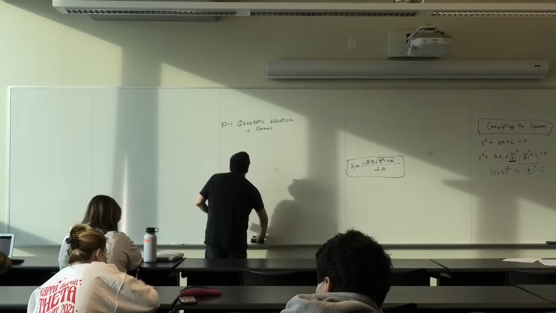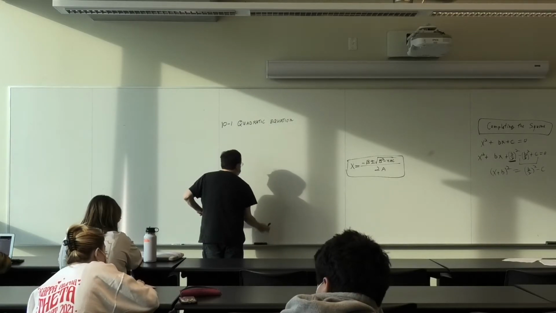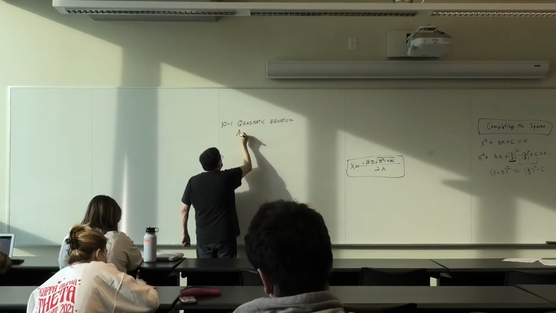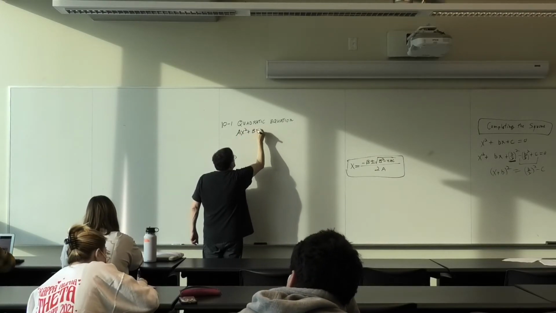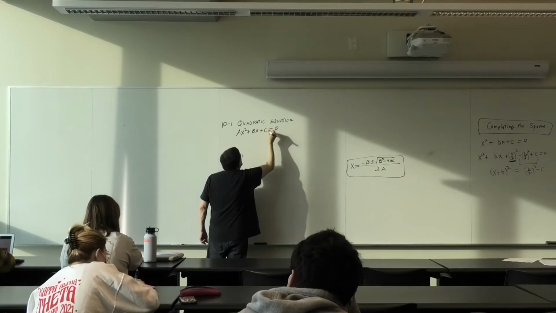All right. So I guess I'm going to rearrange this. The quadratic equation, or the general form of it, is ax squared plus bx plus c equals 0.